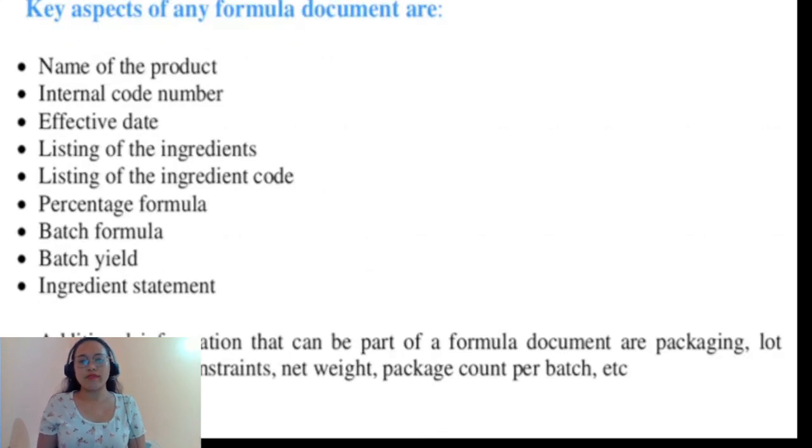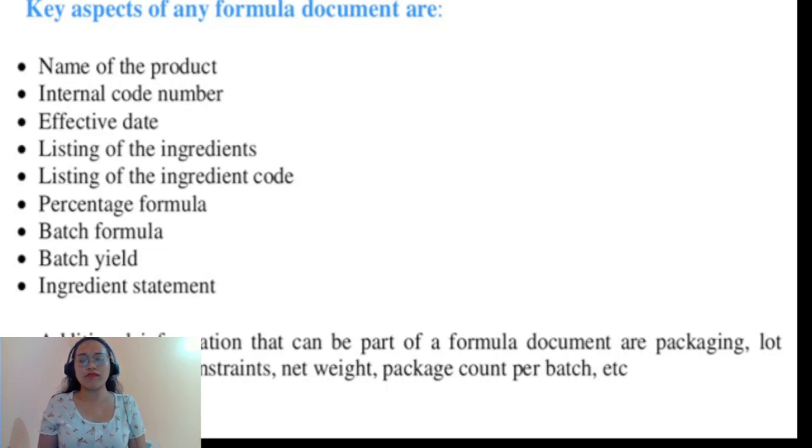The key aspects of any formula document are the name of the product, internal code number, effective date, listing of the ingredients, listing of the ingredient code, percentage formula, batch yield, and ingredient statement.